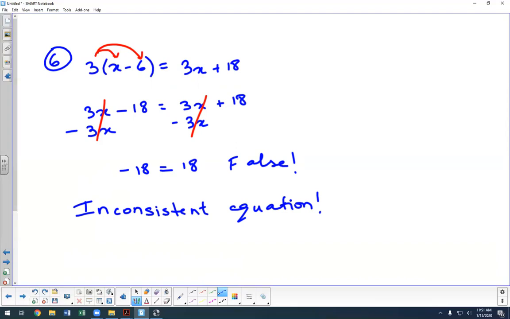So if you get a true statement when you solve it, that's an identity. If you actually get an answer for x, like we did for x equals 9, that's conditional. If you get a false statement, that's what makes it an inconsistent equation.